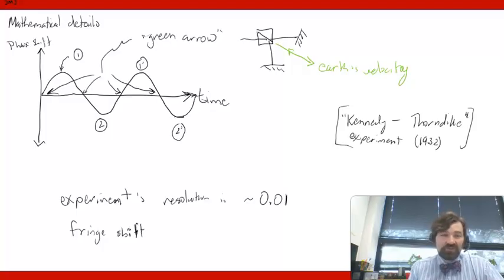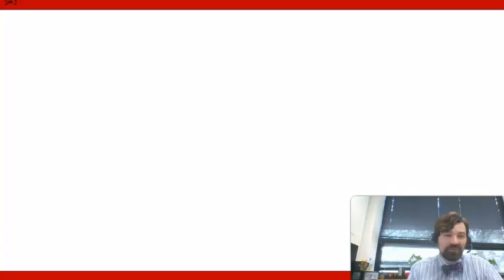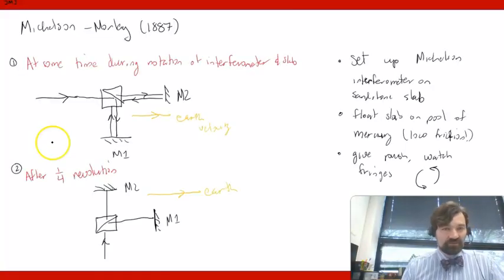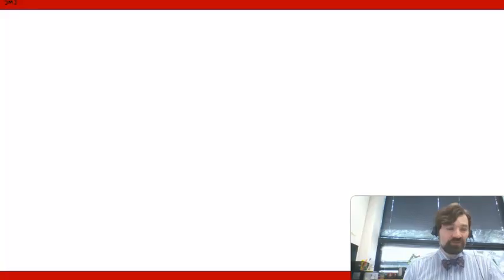Coming back to the Michelson-Morley experiment, what were the expectations for this? Well, let's say that we have case 1 where this we could call arm 2 and this we could call arm 1, and so the path that's being traveled along each of those would have some amount of time taken.